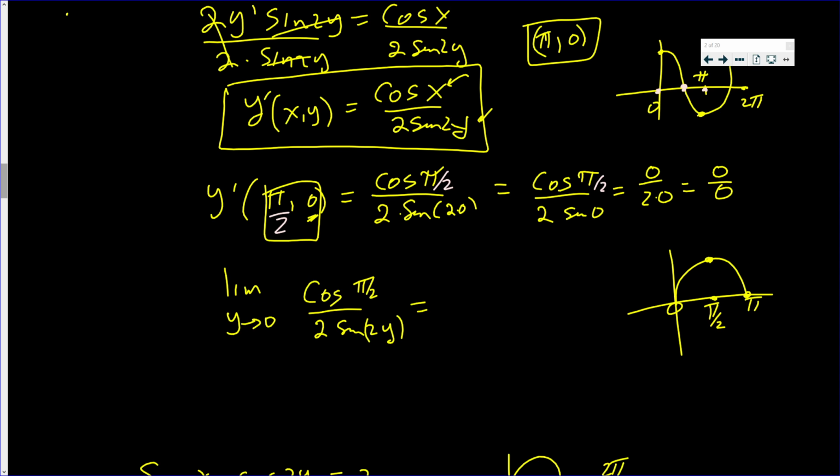Well, the numerator is 0, and yeah, the bottom is going to be 0. Well, the bottom line is the problem asks for dy dx at that point. It's undefined.